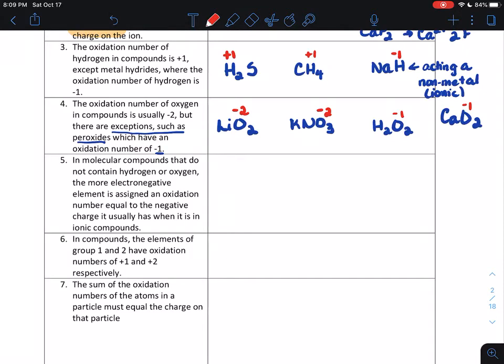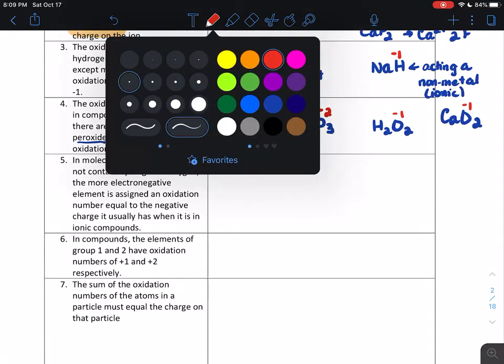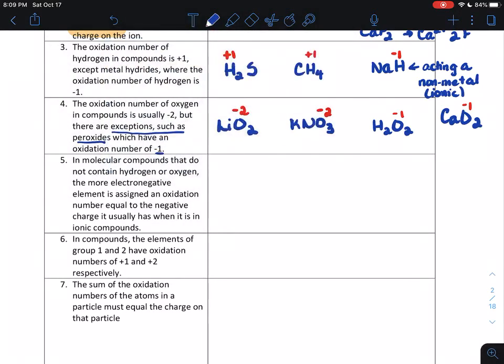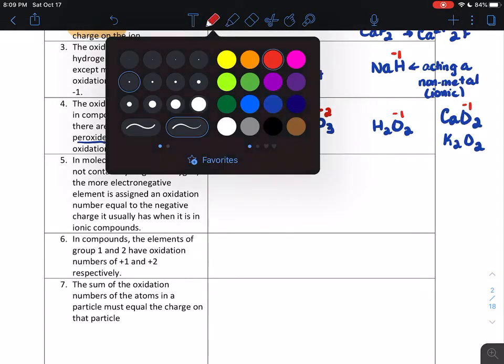It's a -1. Okay, so again, you will see it often that it's going to be a metal. So if I have K2O2, most of you would say, wait a minute, that's wrong. It should be K2O, right? K2O2 is a peroxide.